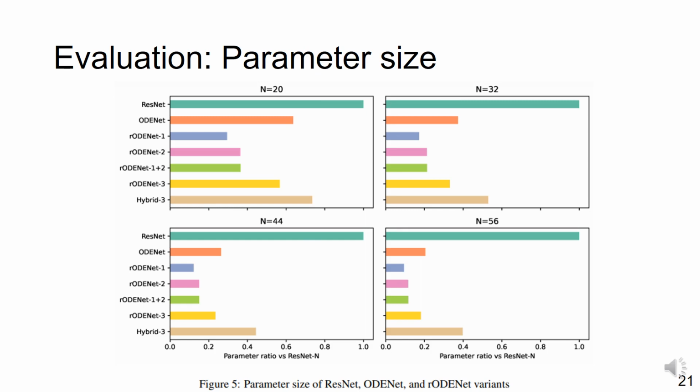Therefore, the parameter size difference is minimum when n is 20 and maximum when n is 56. In the former case, the parameter sizes of ODENet-20 and rODENet-3-20 are 36.24% and 43.29% less than that of ResNet-20, respectively.